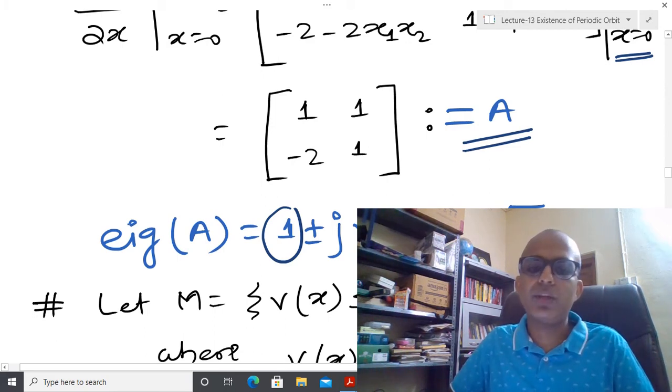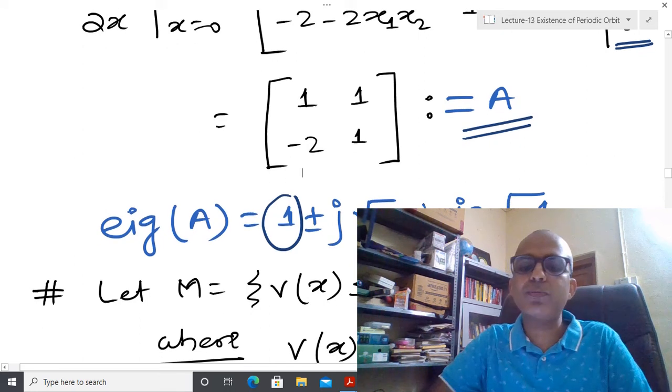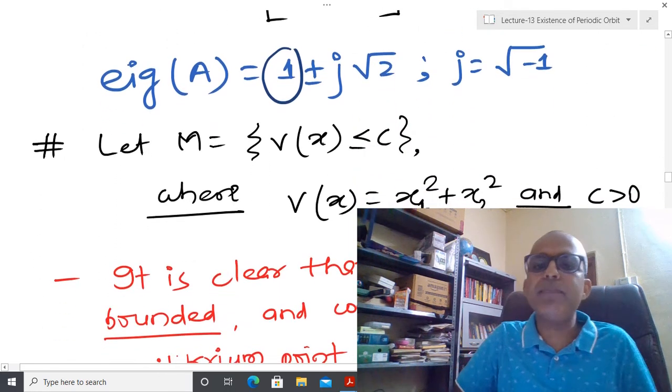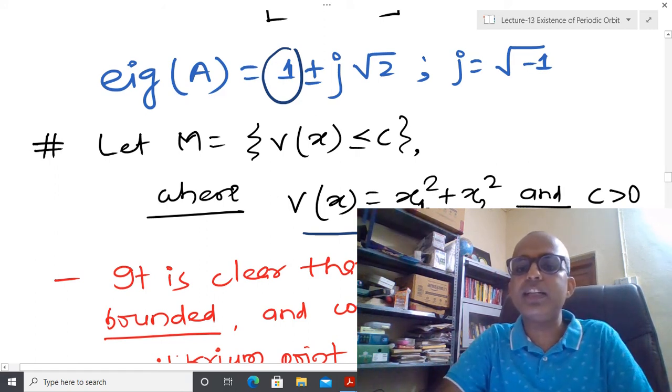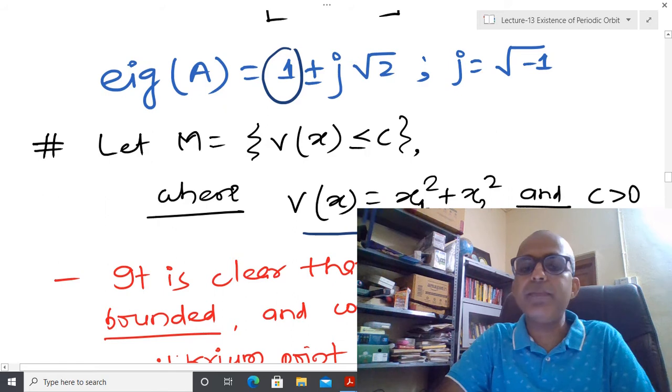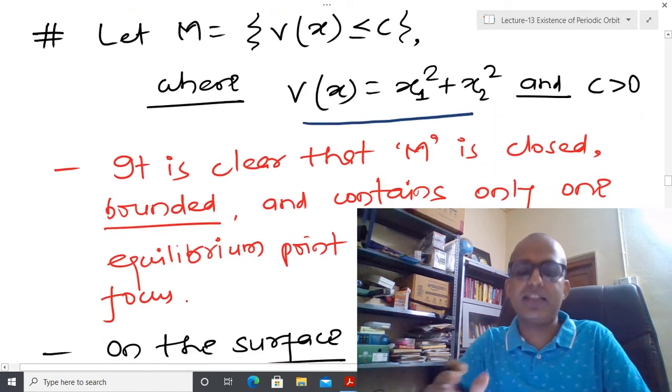That is the meaning. Now what I am going to do is construct a closed curve. I am assuming that there exists some circular region, constructed as x1 square plus x2 square equal to C, where C is greater than 0. By this construction, it is possible to show that M is closed, bounded, and contains only one equilibrium point, which is unstable.